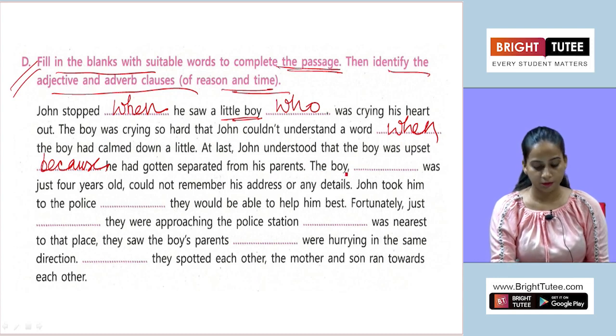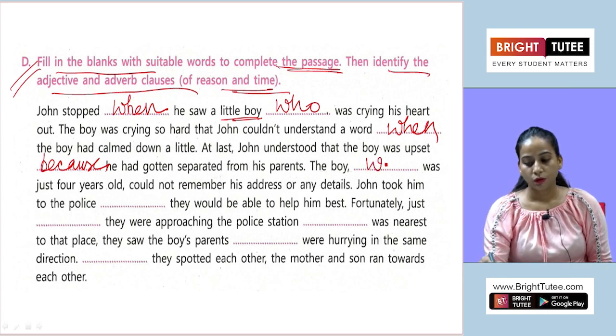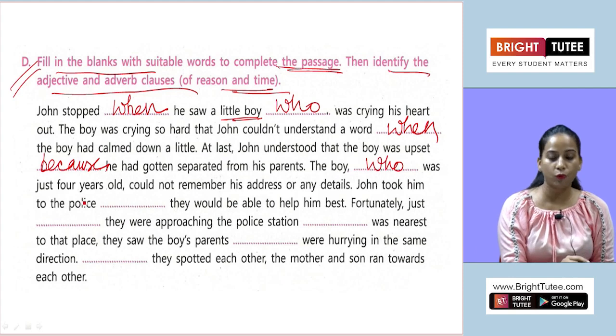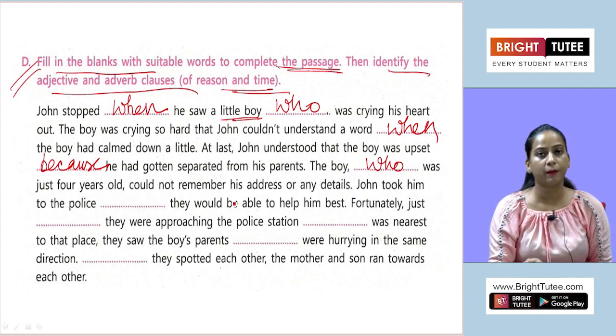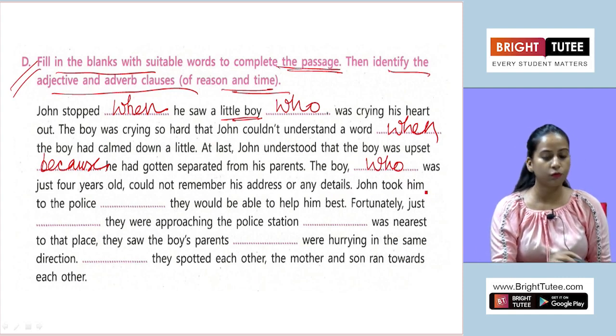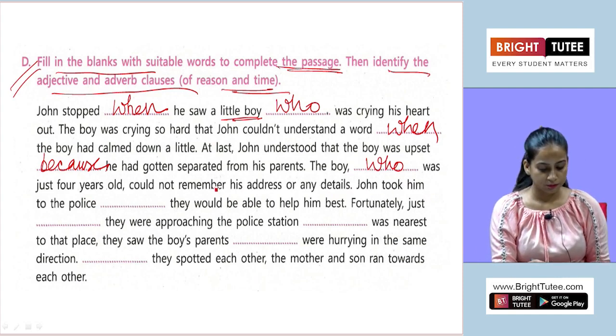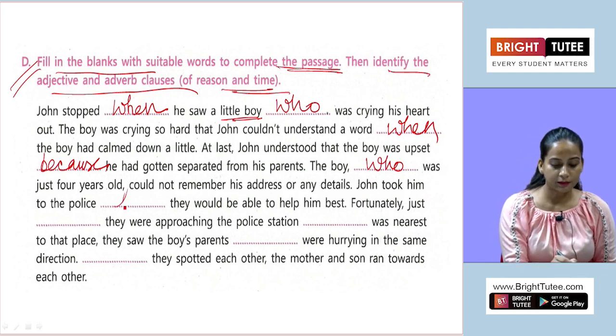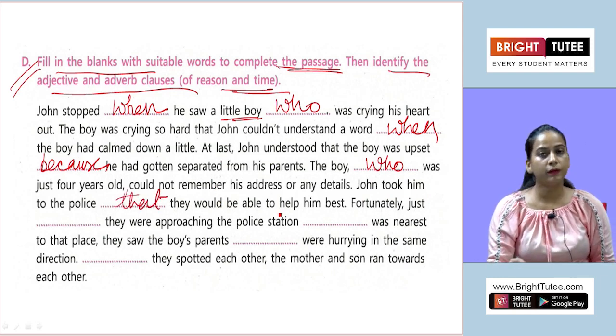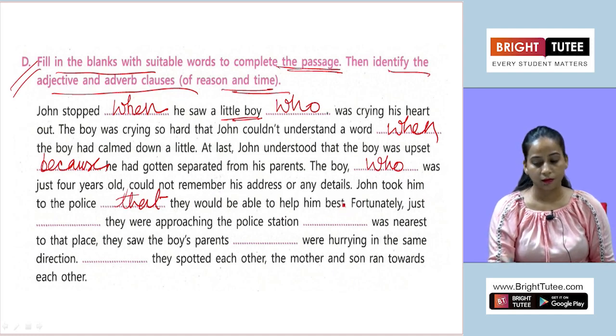The boy, who was just 4 years old, could not remember his address or any details. John took him to the police so that they would be able to help him best.